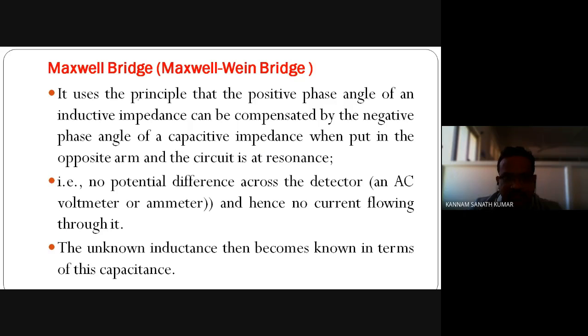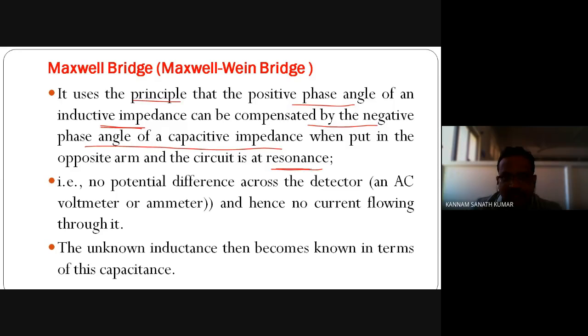So this works on the principle that the positive phase angle of the inductive impedance is compensated by the negative phase angle of the capacitive impedance. When we keep the inductive impedance and capacitive impedance opposite to each other, these two circuits are said to be in resonance.